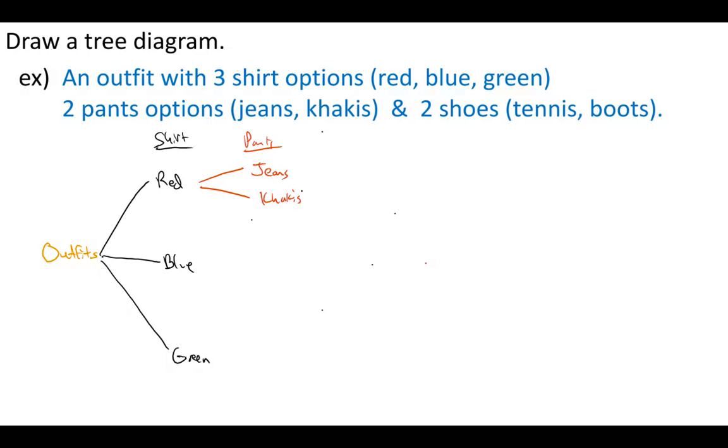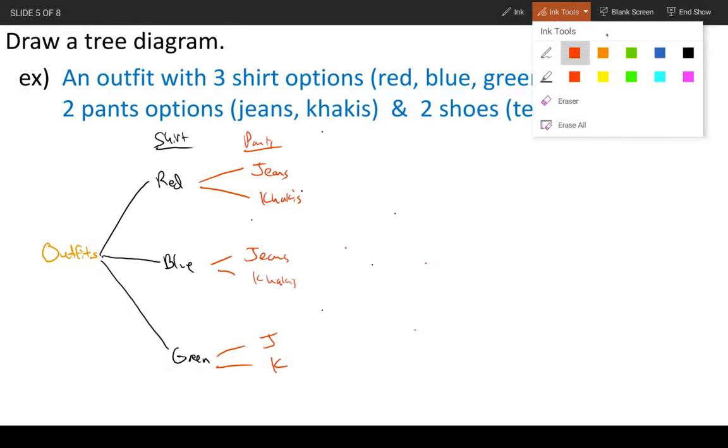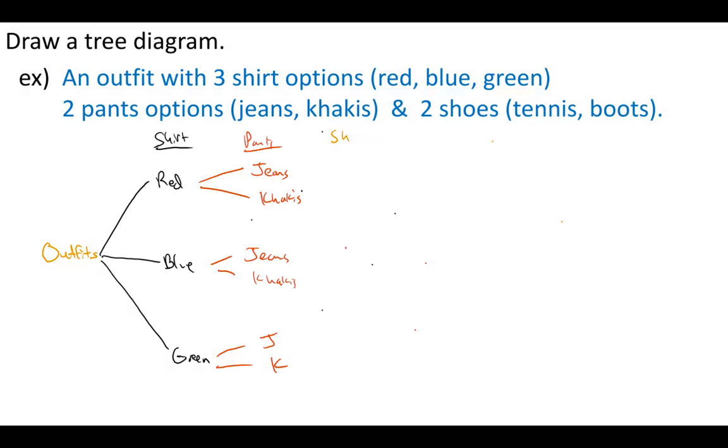You can also abbreviate if you want to. If you wanted to say J and K, J, K, if you want to do that. And then the last one, we've got shoes. So then we just need to write shoes. And we've got tennis shoes or boots, T or B.